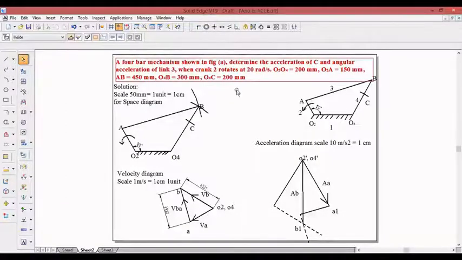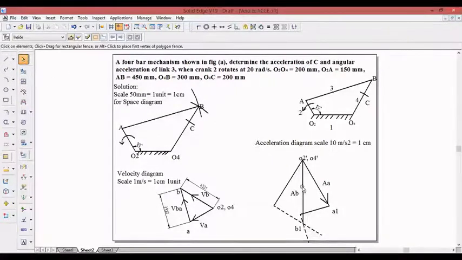Now we need to take measurements to find the unknown accelerations. So let us take one by one.